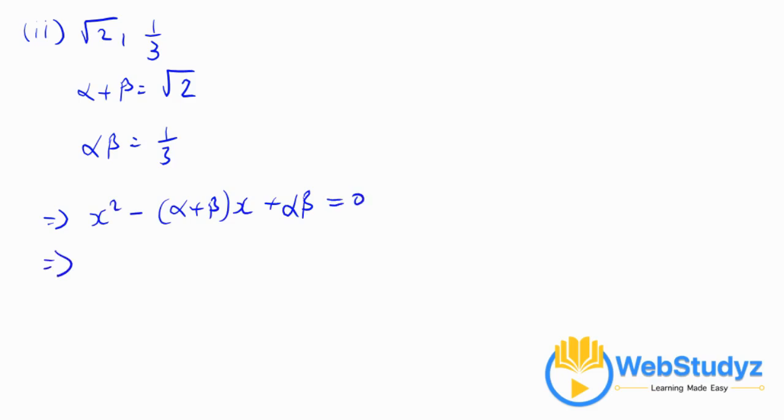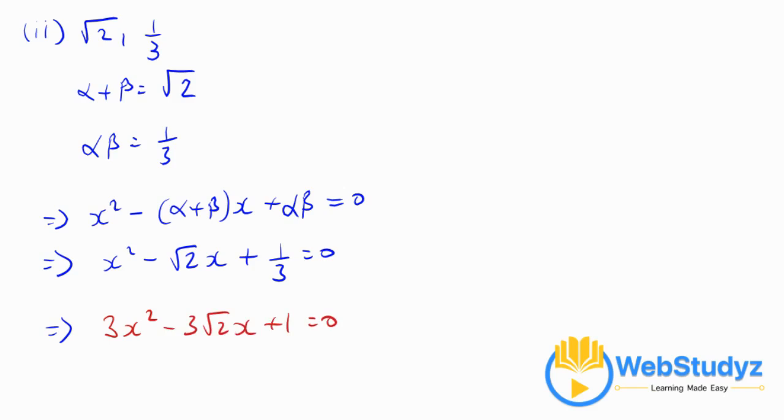Putting values here, we get x square minus root 2 x plus 1/3 equals 0. So we get the quadratic polynomial as 3x square minus 3 root 2 x plus 1 equals 0.